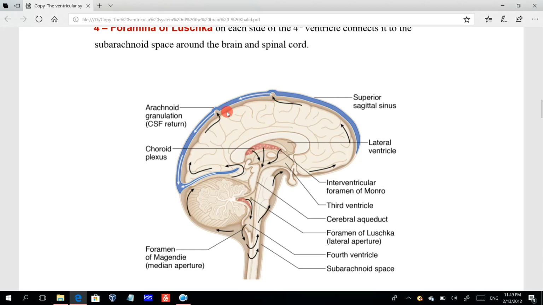The unwanted products within the cerebrospinal fluid leave to the superior sinus, then go to the venous blood, and lastly to the heart.